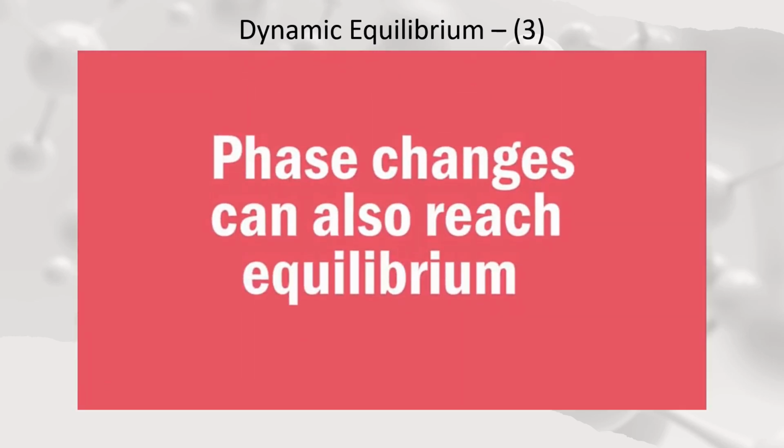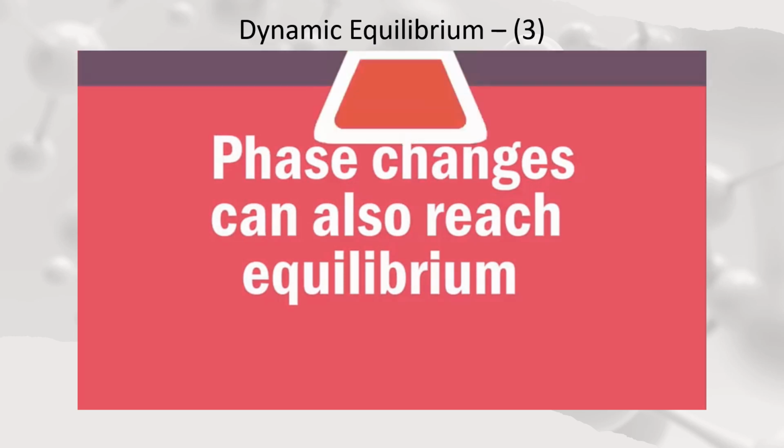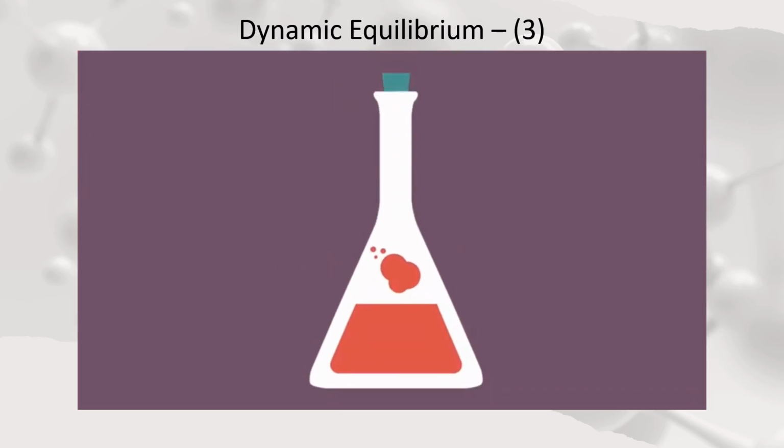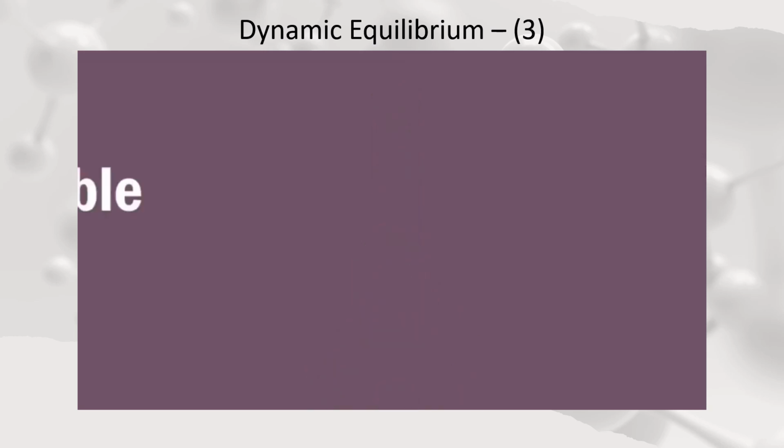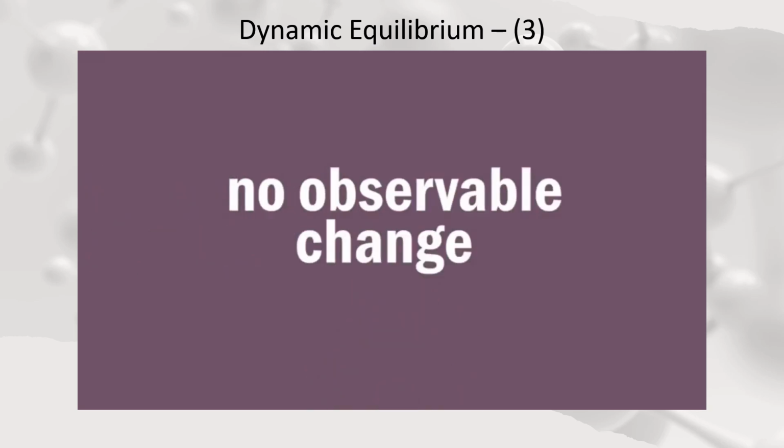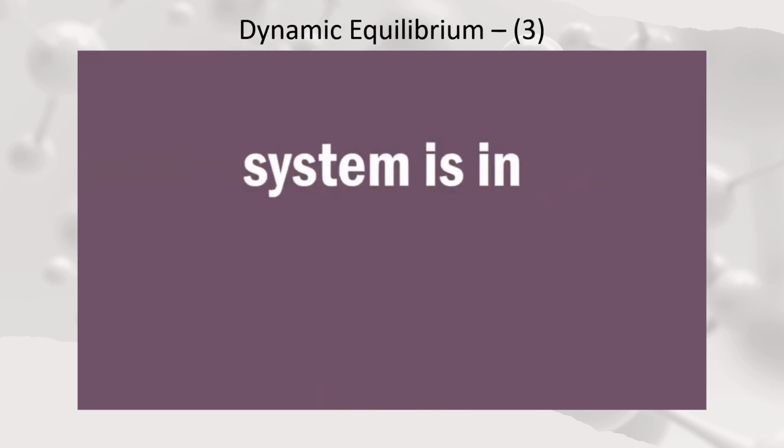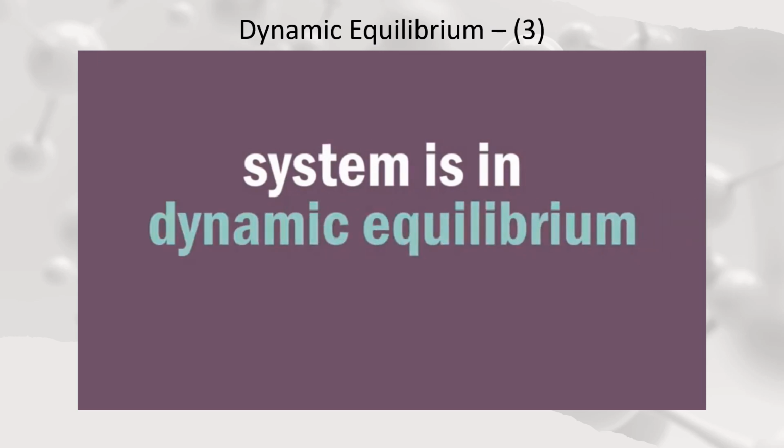Phase changes can also reach equilibrium under the correct conditions. As liquid bromine evaporates, gaseous bromine condenses. Since these two processes are occurring simultaneously at the same rate, there is no observable macroscopic change, but the system is in fact in dynamic equilibrium.